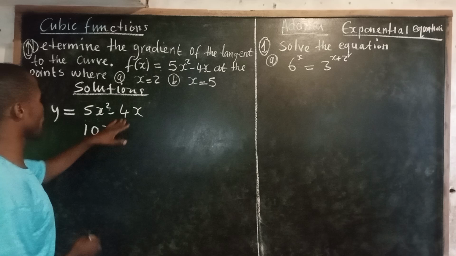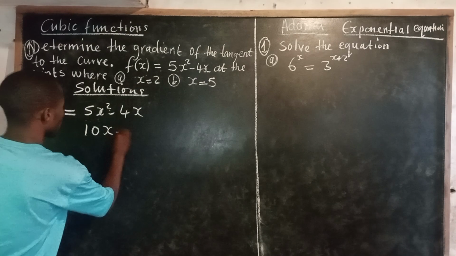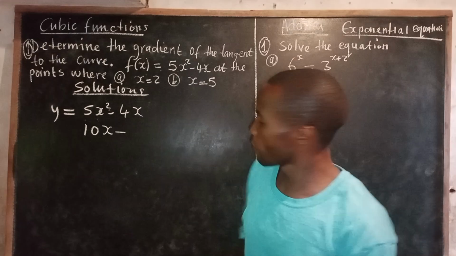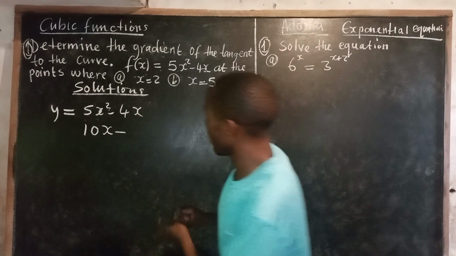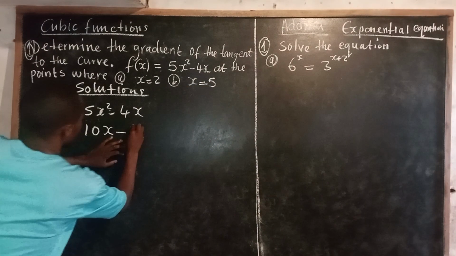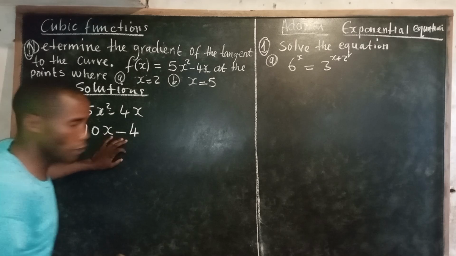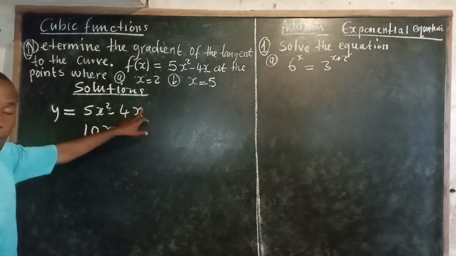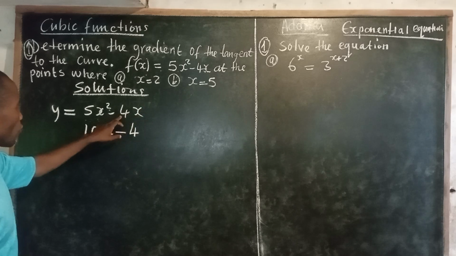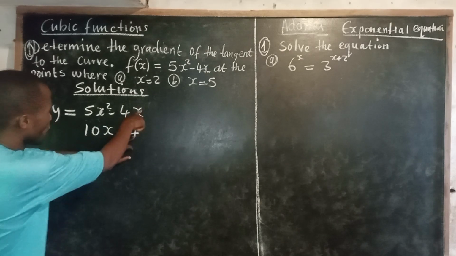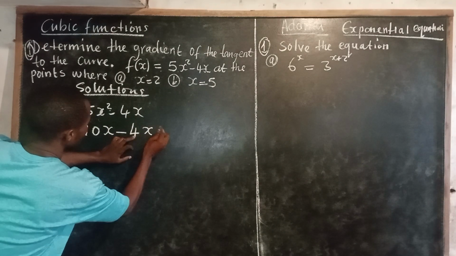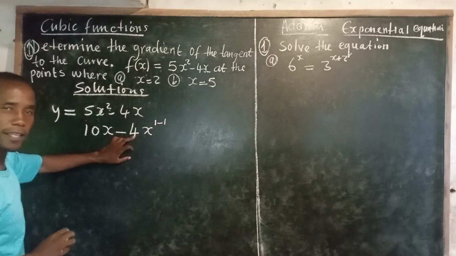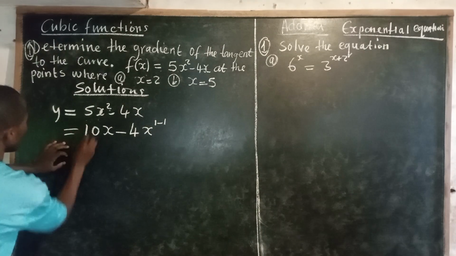Then from there, we go to the next term. Let me show it so that you are able to see what usually happens when a term is raised to power 1. We know that the power there is 1, so 1 times 4 is 4. Then we remain with that power, 1, minus 1. So that is what normally happens.